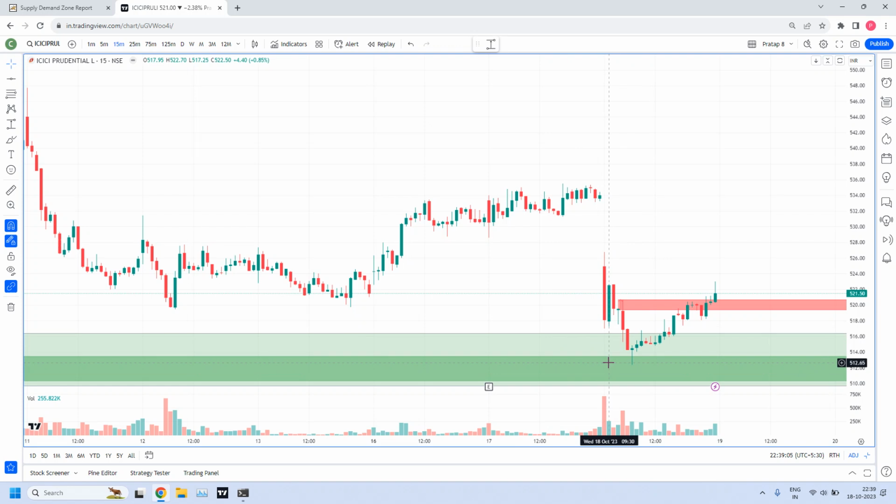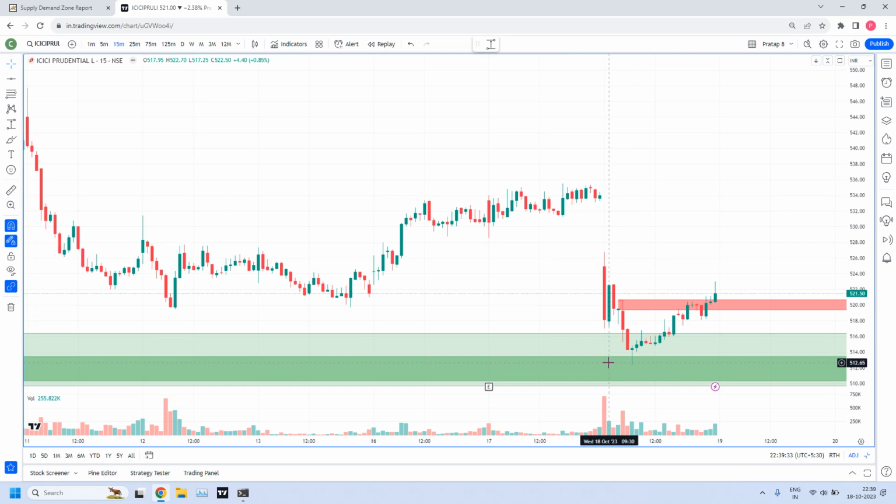So this is the reason why I am focusing on these points, just to understand the power of the high liquidity zones, especially the S_DZ for demand zones, R_SZ for supply zones on the daily time frame, and fine tuning them at 75 minutes or one time frame further below, that is the 15 minutes level. They are working very well.